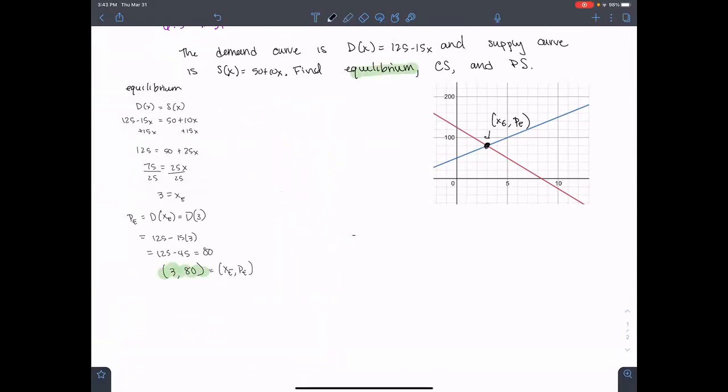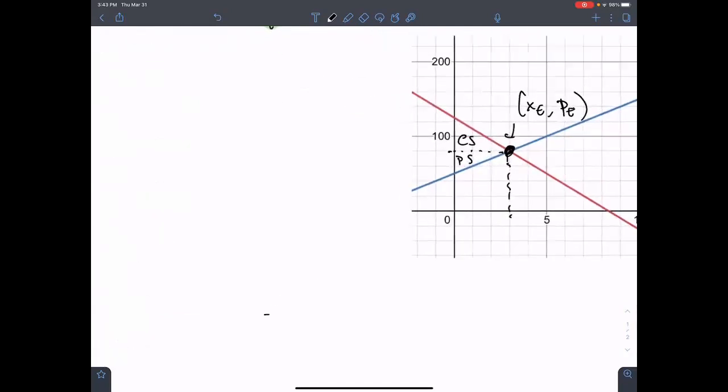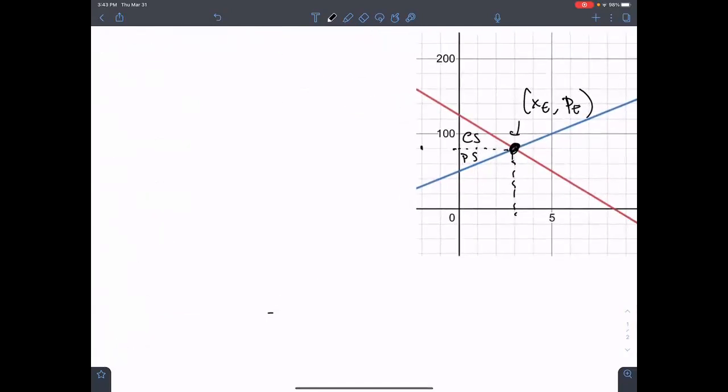Now we want to find the consumer surplus. So remember, if we do some sort of dashed line here, this is the consumer surplus and this is the producer surplus. It's those little areas trapped between there. Okay, so what we're going to do, this line is p sub e.